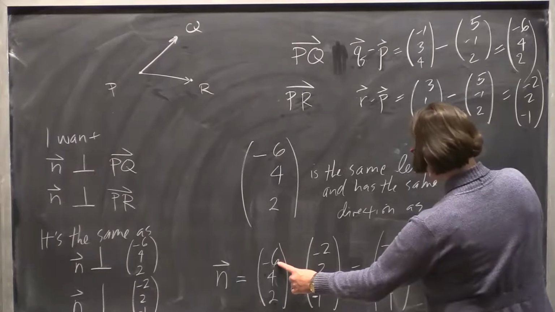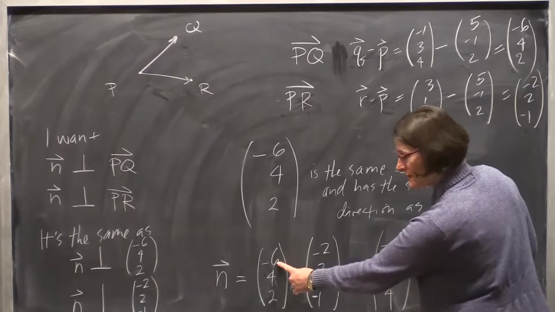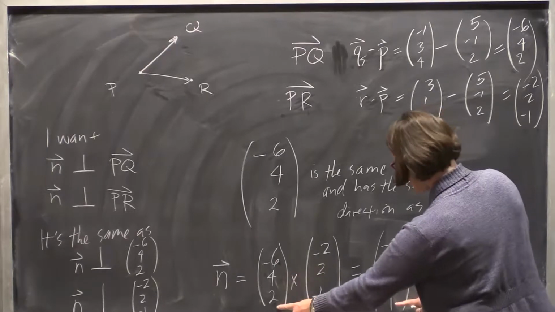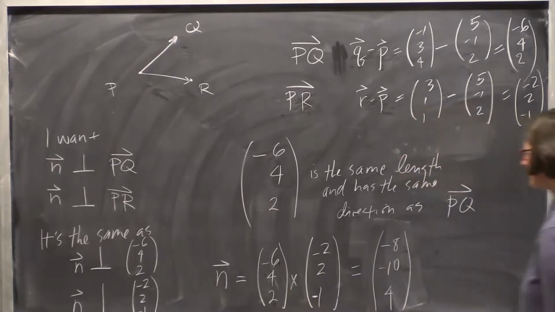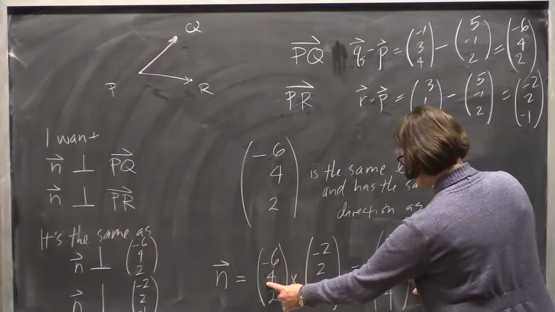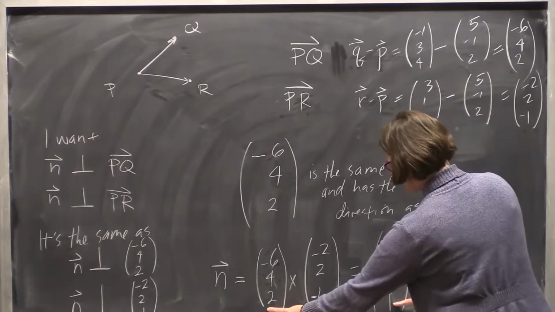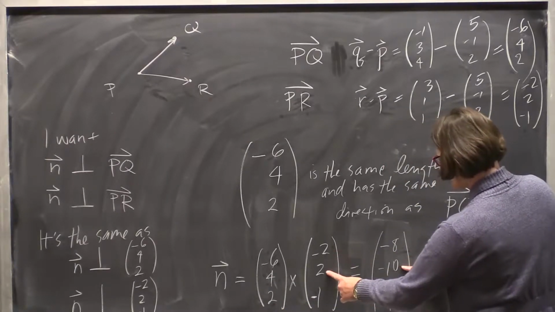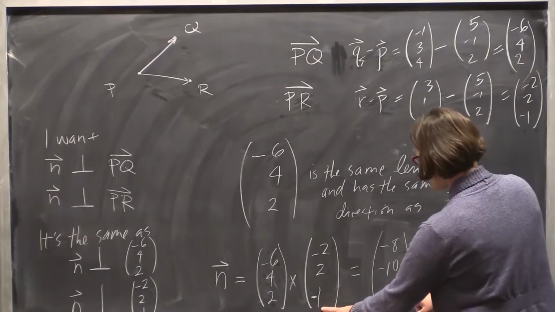So 6 times 8 is 56. Minus 40 gives us 16. Wait a minute. -6 times -4 is 48. 48 minus 40 is 8. And then we have plus 8 is 0. This dot product is 16 minus 20 is -4.